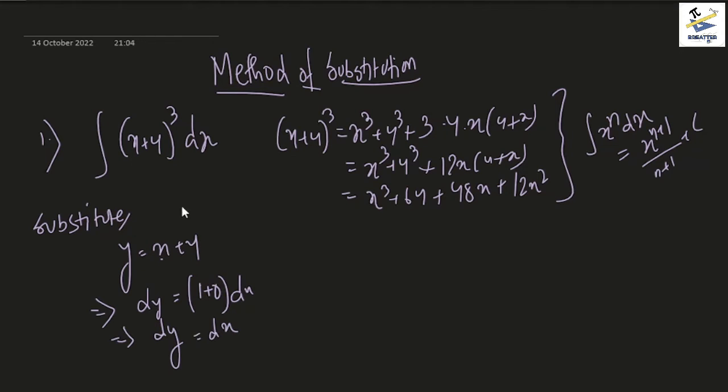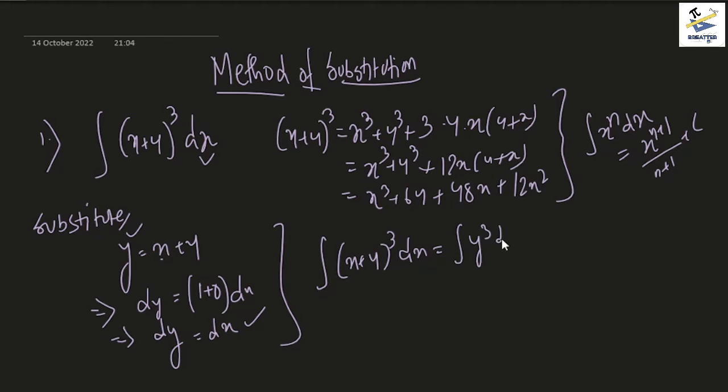When we convert the whole integration from a variable x to a variable of choice y, we also need to find dy in terms of dx. Here they are equal, which simplifies our integral: x plus 4 whole cube dx would just be equal to y cube dy.